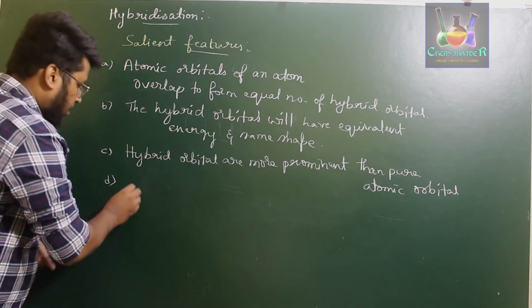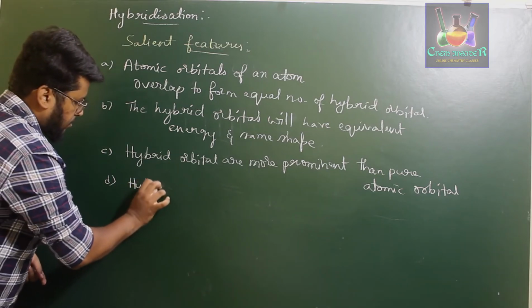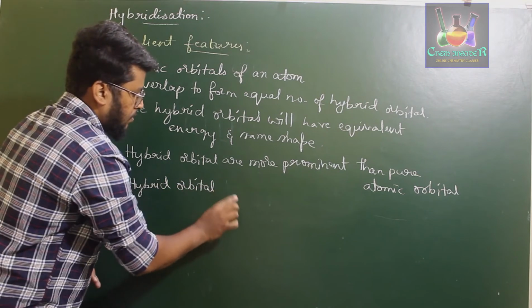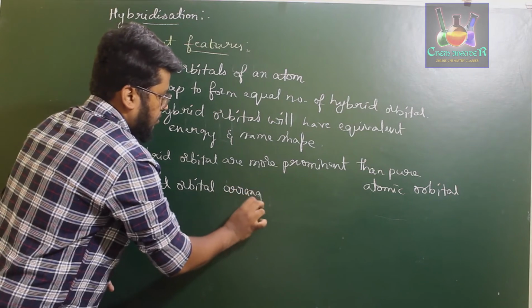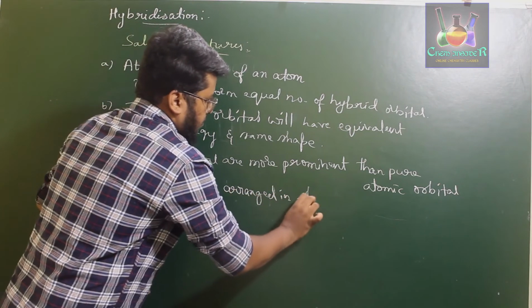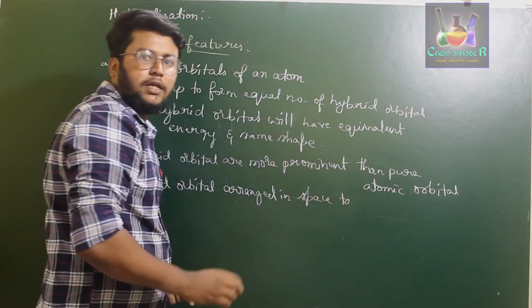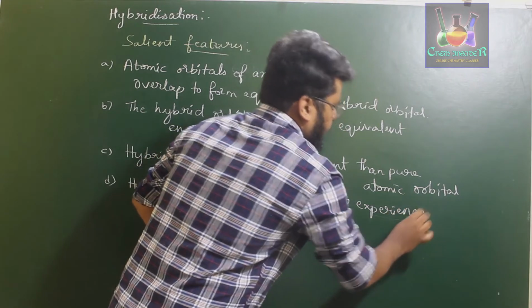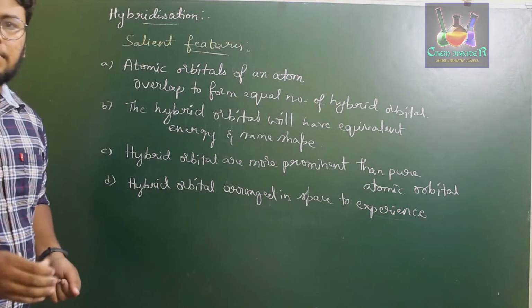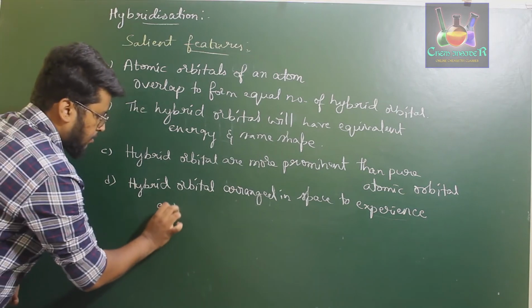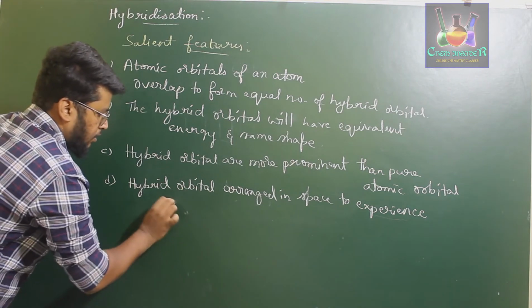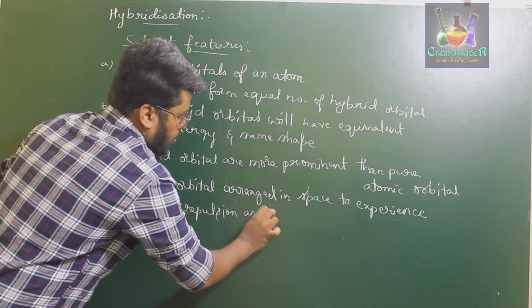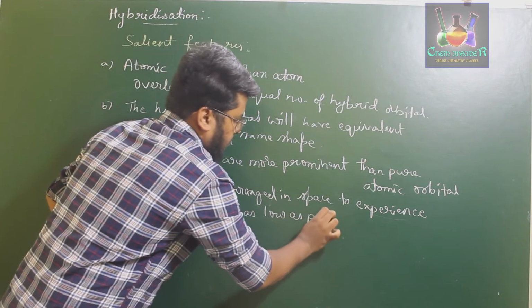Hybrid orbitals arrange in space to experience electron repulsion as low as possible.